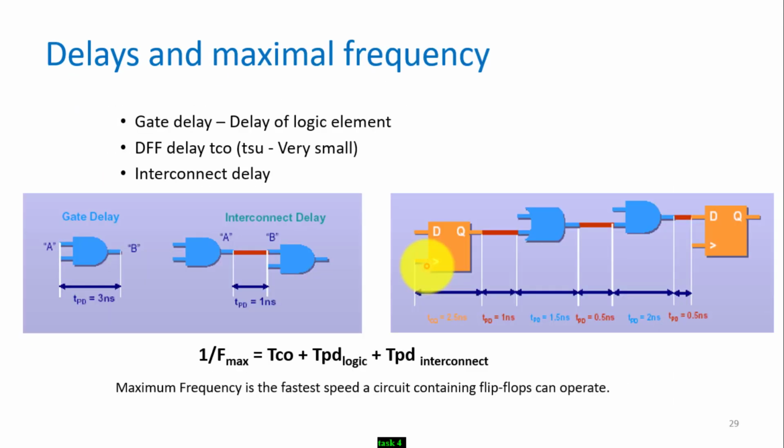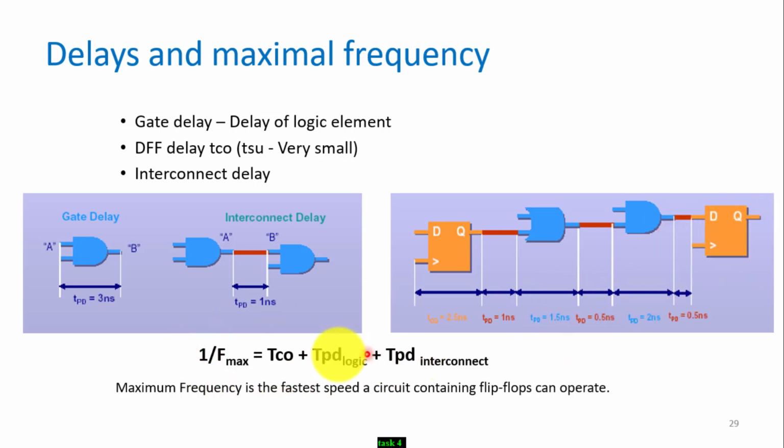Here we are talking about the delay. When we want to calculate the frequency of a system, we need to calculate the propagation delay. What is the time needed for the signal to go from here to here? So we need to calculate how much time is needed: the delay inside the D flip-flop, the delay in the wires, the delay in the OR gate, the delay in the wire, the delay in the AND gate, the delay in the wire, then the delay on the D flip-flop once more.